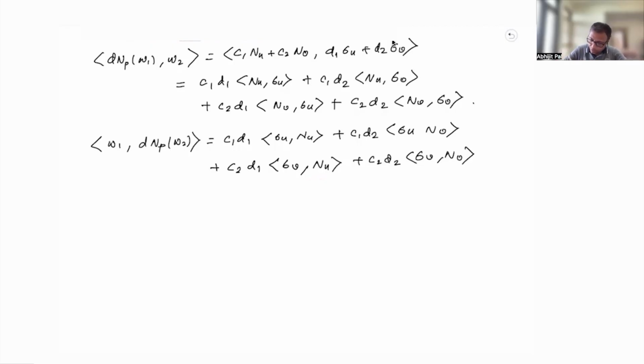So it suffices to show that the inner product of sigma U and NB is the same as the inner product of NU comma sigma B.